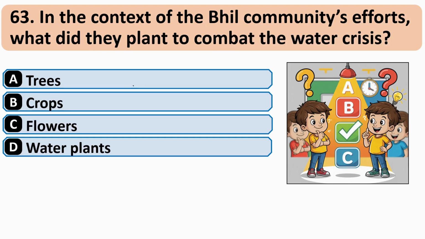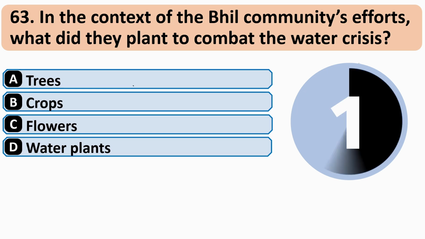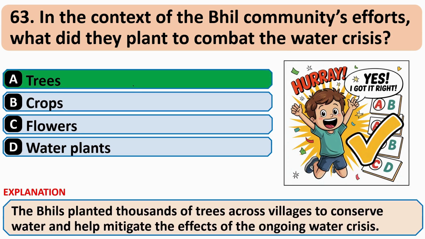In the context of the Bhil community's efforts, what did they plan to combat the water crisis? And correct answer is A, trees.